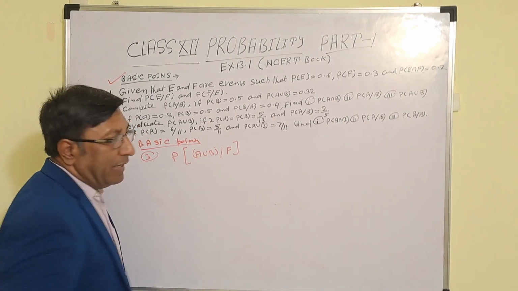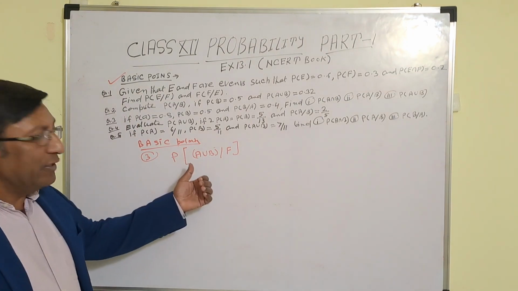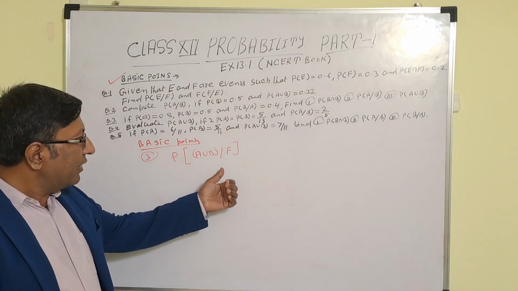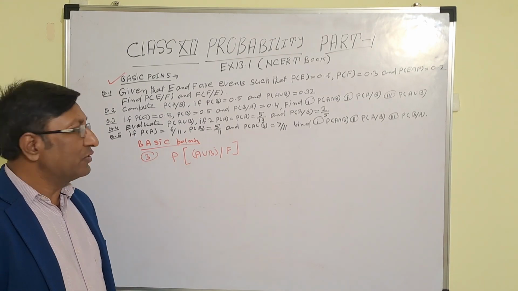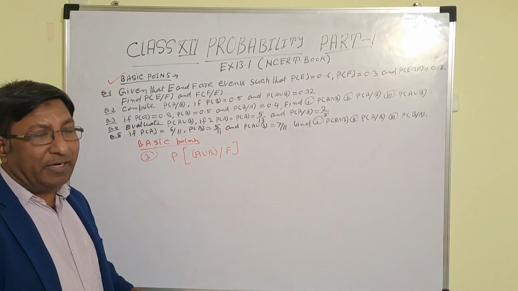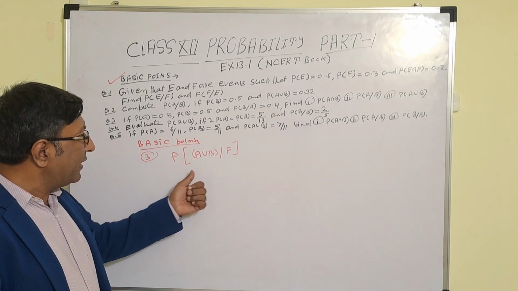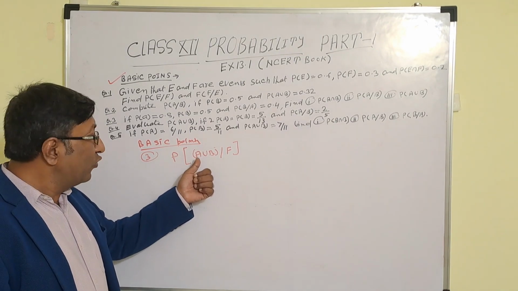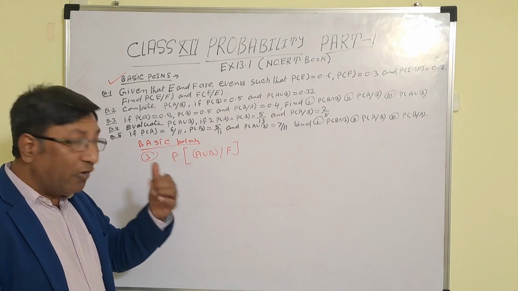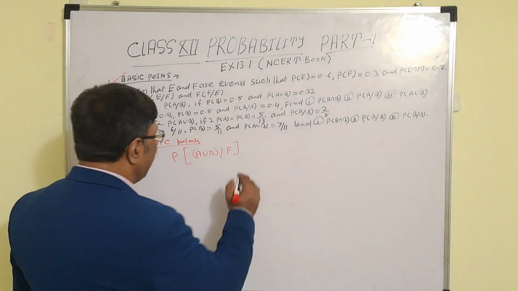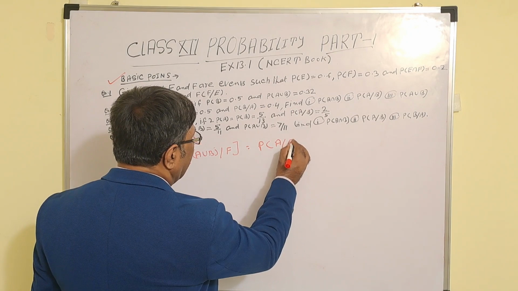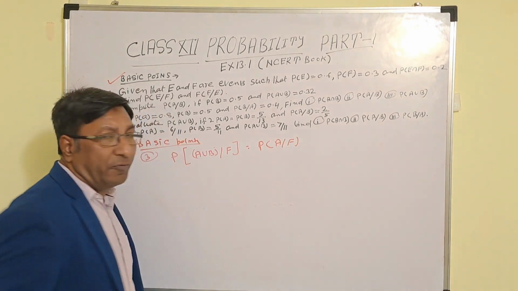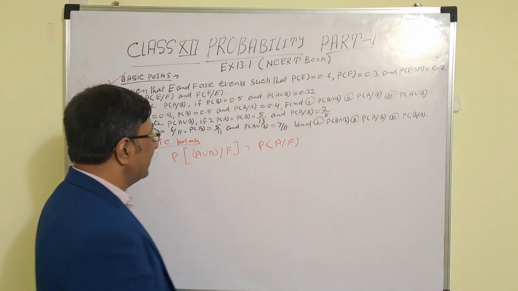So here A and B are two events and F is also an event where P of F does not equal 0 and S is a sample space. So probability of A union B when F already occurred, what can be written? This is probability of A by F, that is conditional probability of A when F has already occurred.